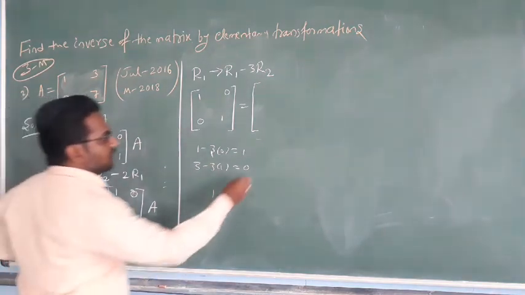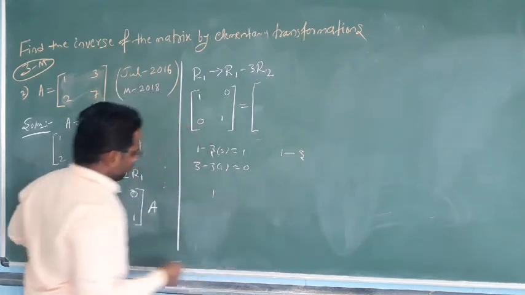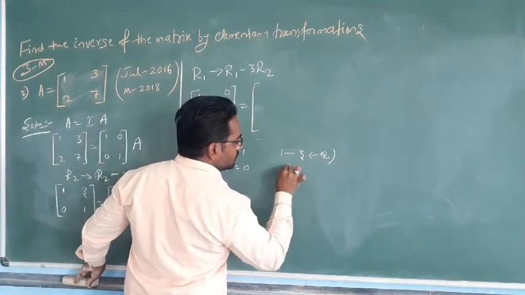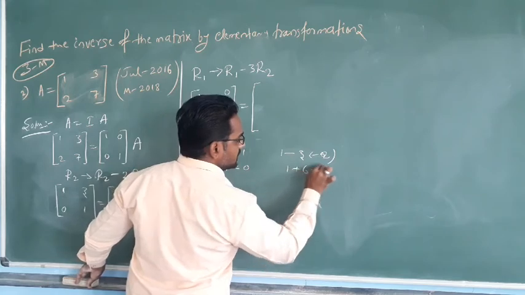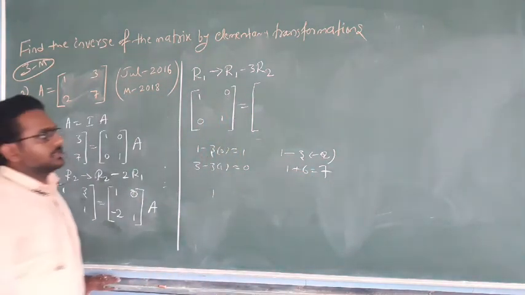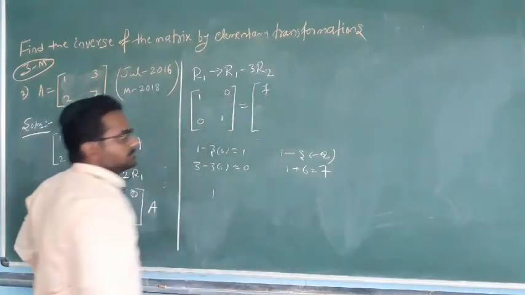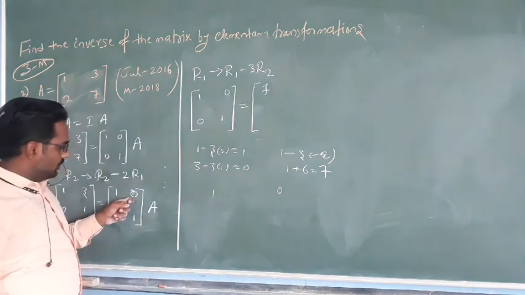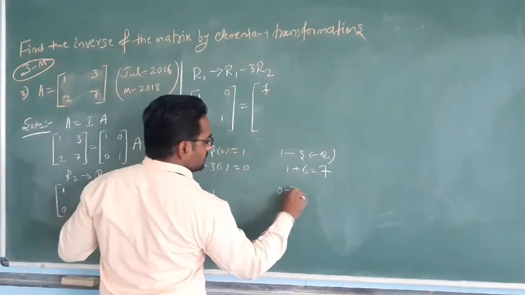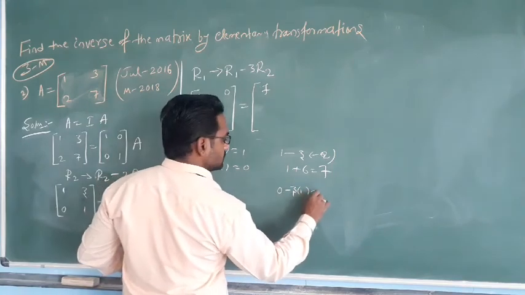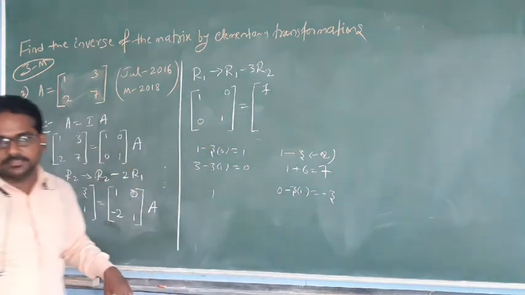The first element is 1 minus 3 into minus 2, that is 1 plus 6, that is 7. So we will get the 7 here, students. So 7. Next, 0 minus 3R2, that is, 1. So we will get the minus 3.